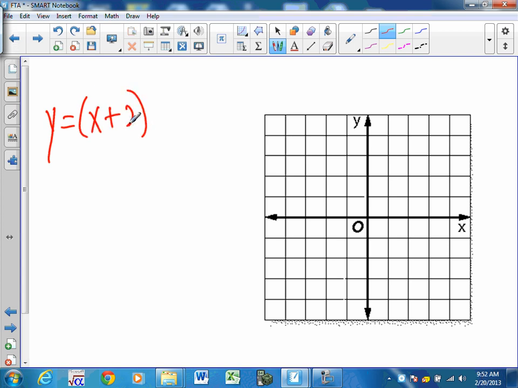I know at negative 2 it's just a single root, so it just goes through. I know at negative 1 it's a double root because it's squared, so it's going to look like this. For the rest of my graph, it's going to come something over here, something up here, something down here. I use dashes because the only parts I really know for sure are right here, a single root, and right here, a double root. So I can get that basic shape by knowing that.